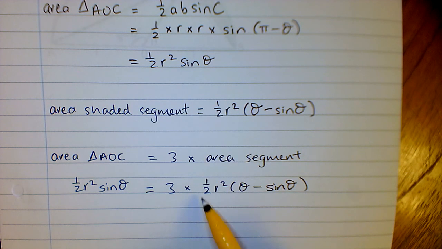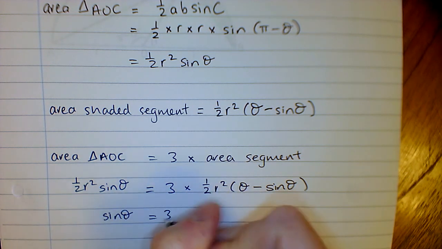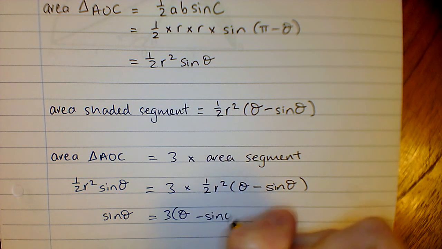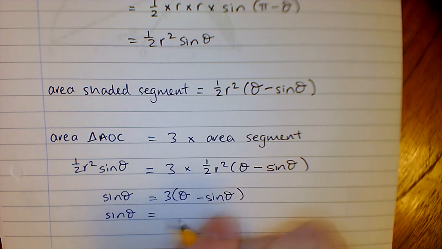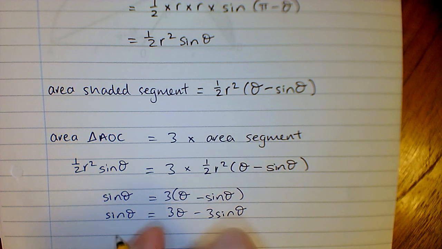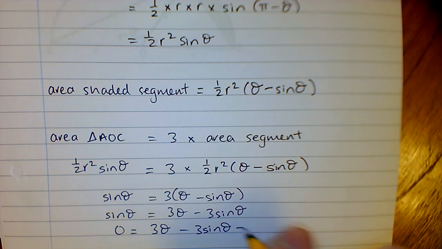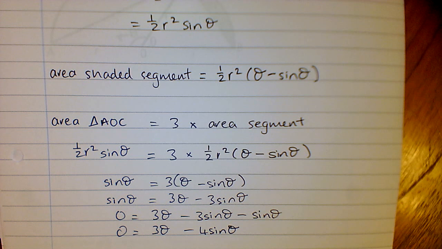Hopefully you can see we can cancel the half r squareds on either side, and we're left with sine theta equals 3 upon theta minus sine theta. Multiply out the bracket. Bring our other sine theta across. And we get 3 theta minus 4 sine theta equals 0, which is what we were asked to prove.